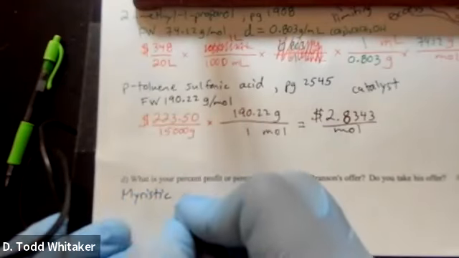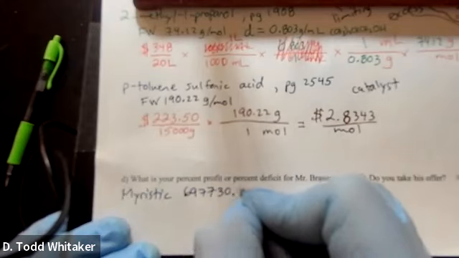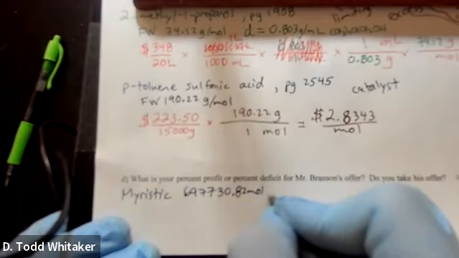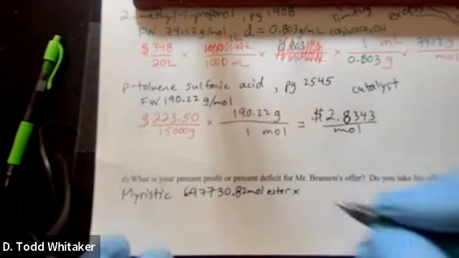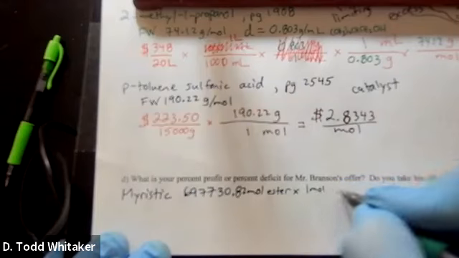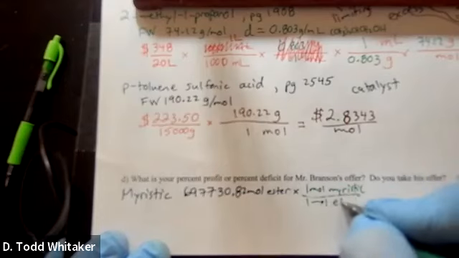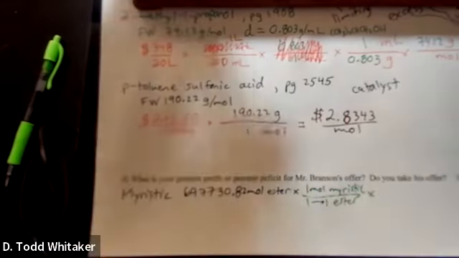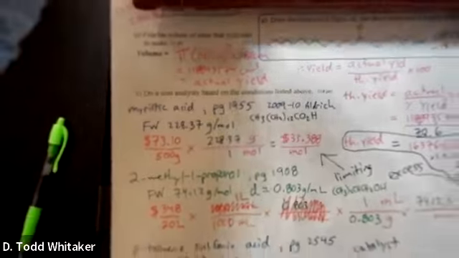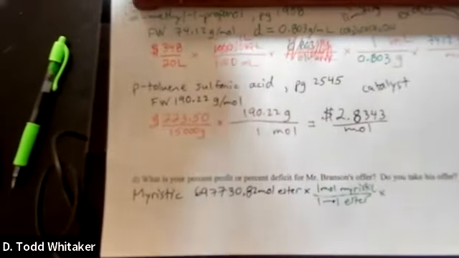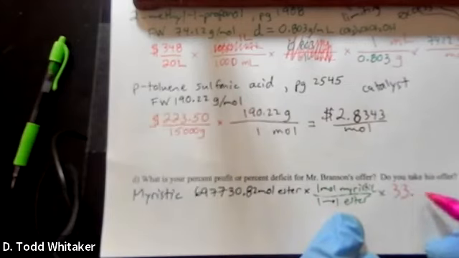You're going to take 697730.82 moles ester times the stoichiometry, which I promised you is going to be 1-to-1. 1 mole myristate for every 1 mole ester, times $33.388 per mole. 33.3. I hope I remembered that.